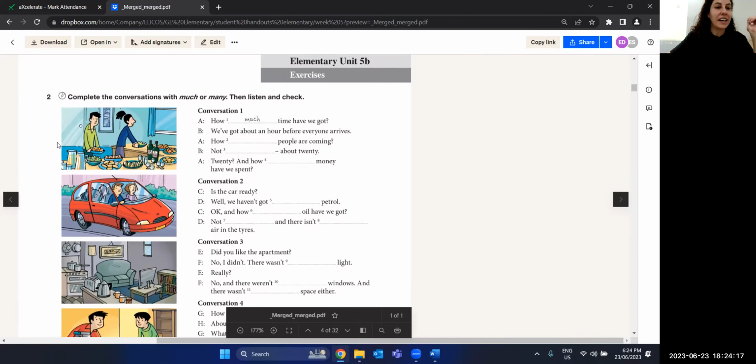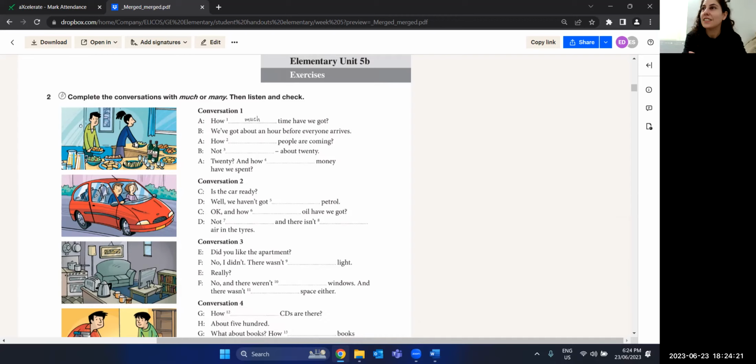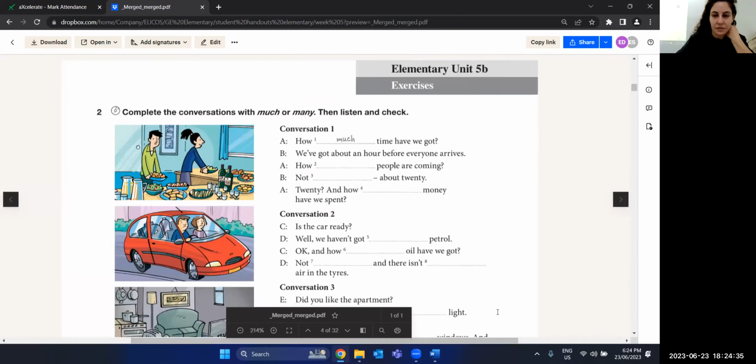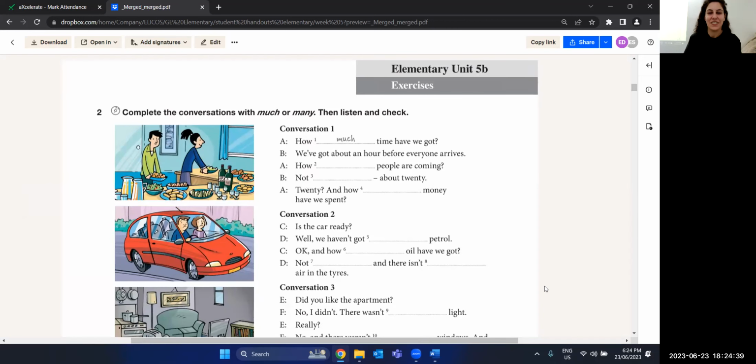Okay, so let's go. Conversation 1 looks like maybe husband and wife. Yes, you're A. How much time have we got? We've got about an hour before everyone arrives. How many people are coming?